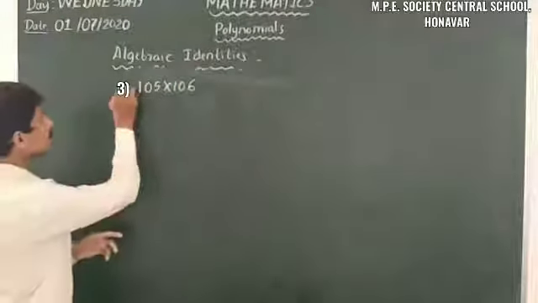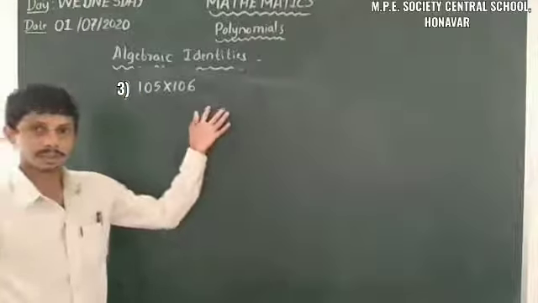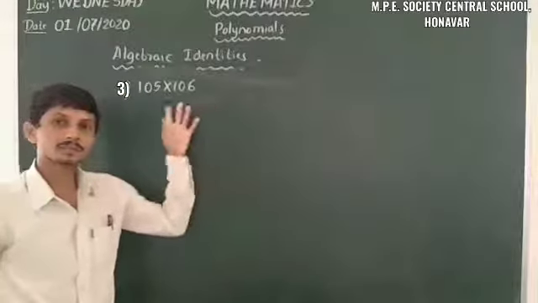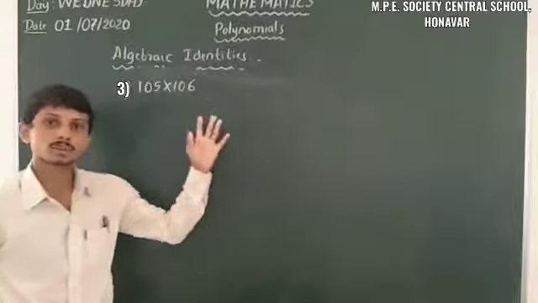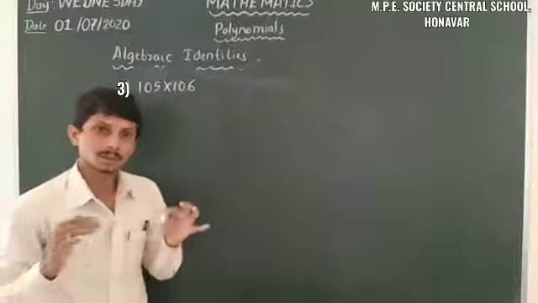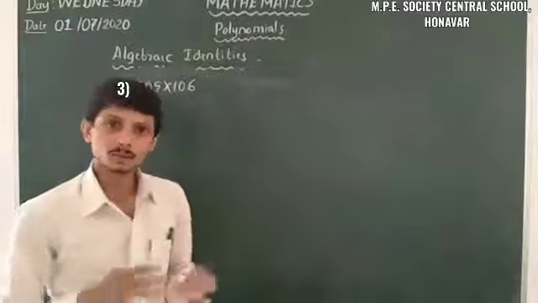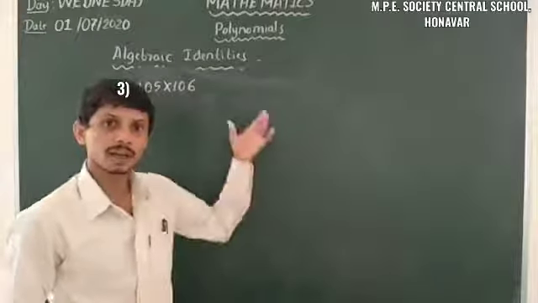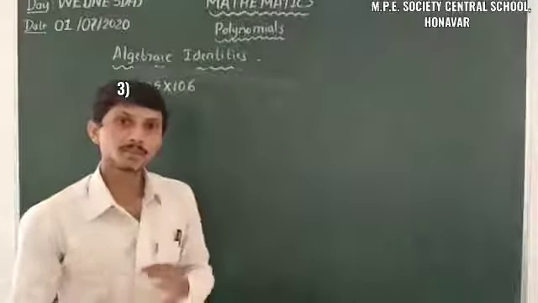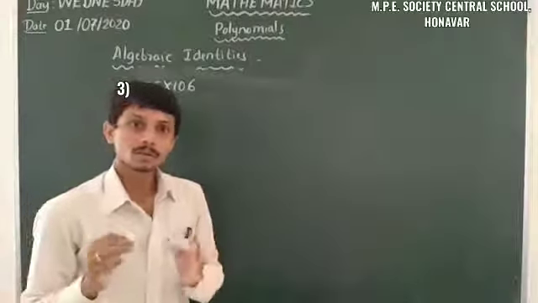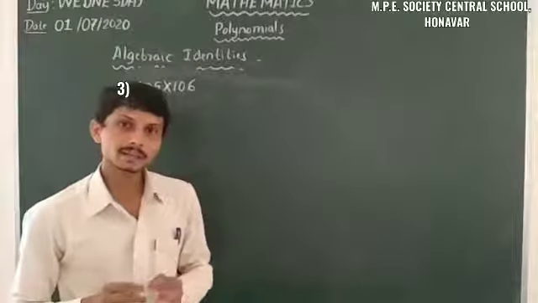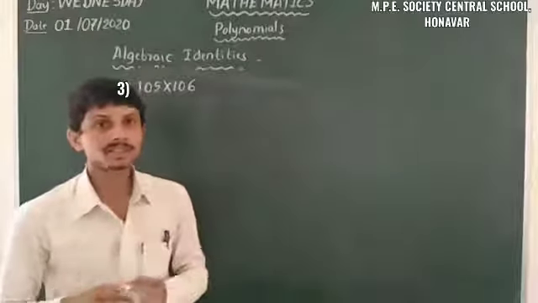There is a multiplication of two terms, so we have to multiply these two terms, 105 and 106. The method of multiplication requires more steps, but with the help of an algebraic identity we can solve this problem easily.